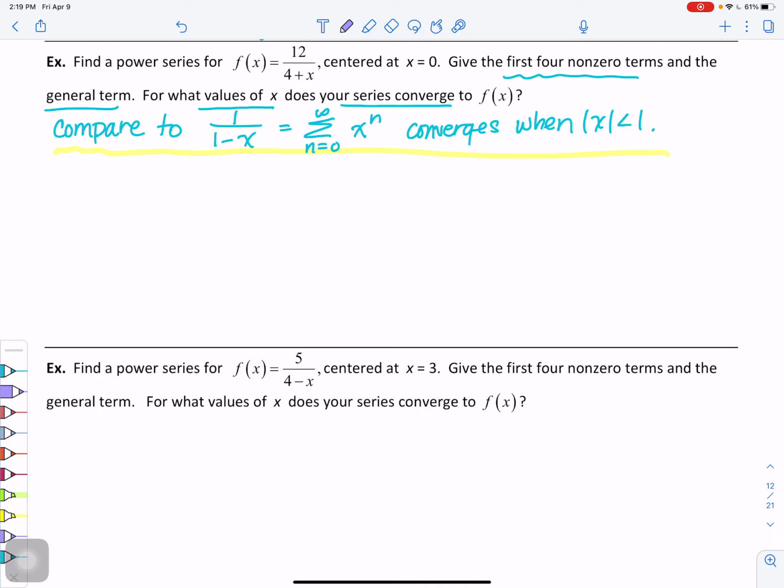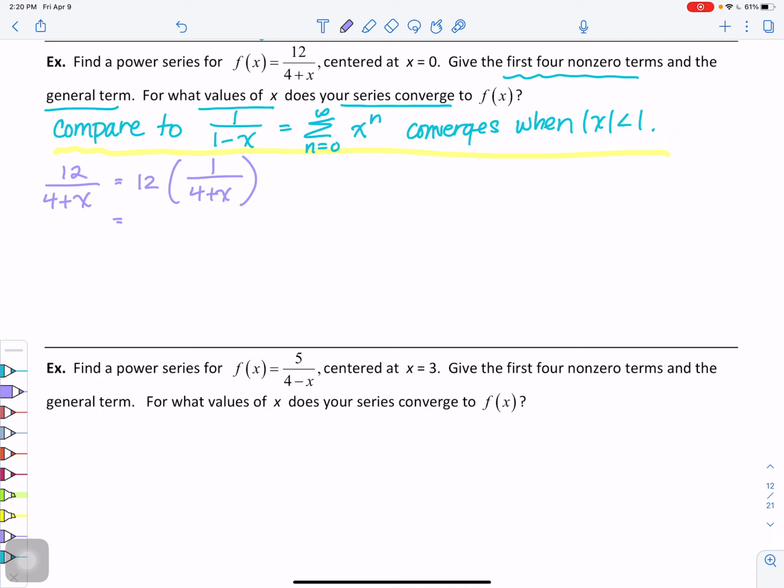So what did they give us? They gave us 12 over 4 plus x. How can I get it to look like this? Well, let's first take the 12 out and see what it looks like now. We have 12 times 1 over 4 plus x. Well, what if now we divided that denominator by 4?